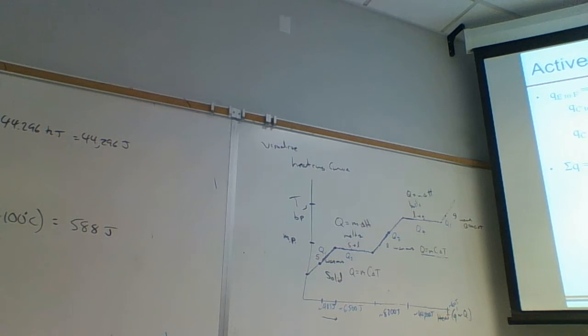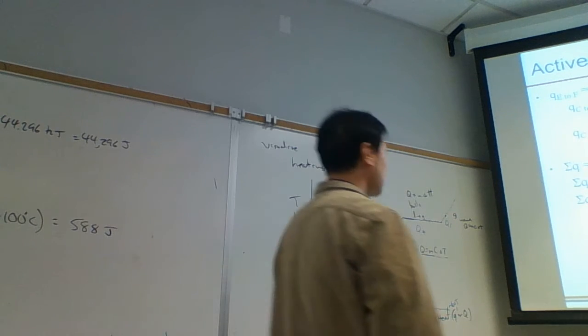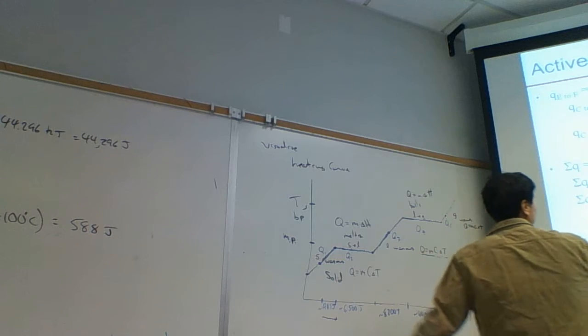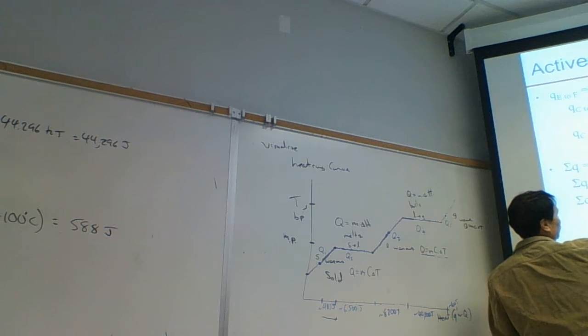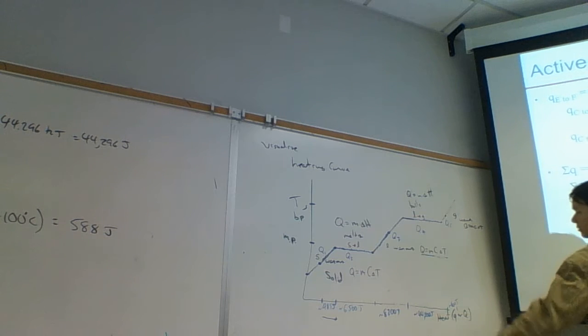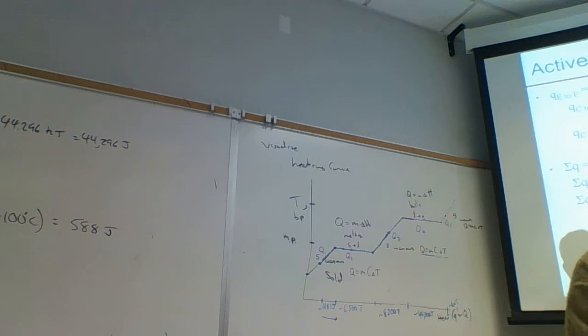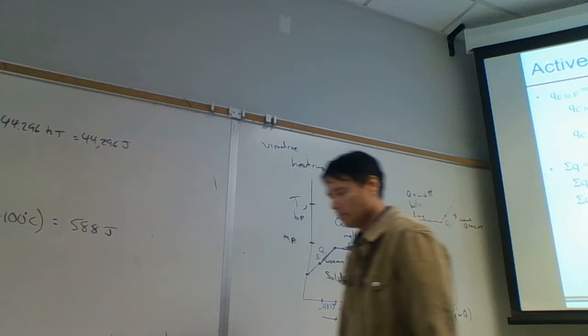It should be about 60,000 joules, which would be about 60 kilojoules. Just add up the segments. I use more digits here: 485, 6,530. I erased some of the numbers, unfortunately, but we'll just add up the numbers here and get that.